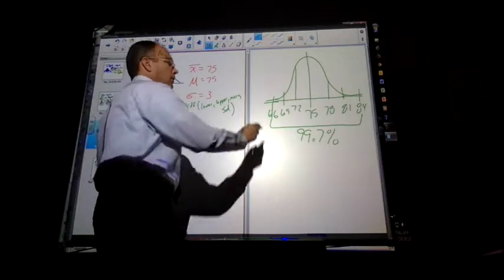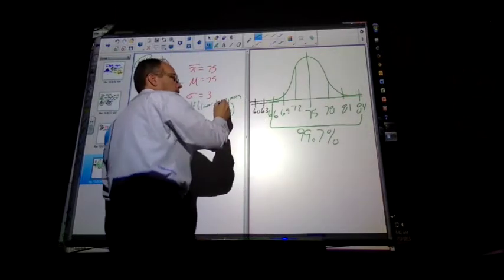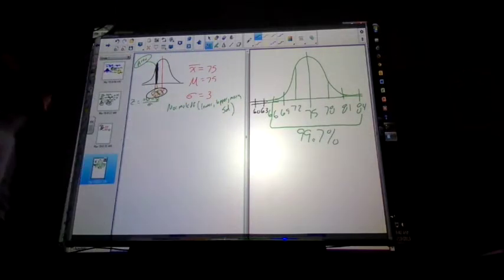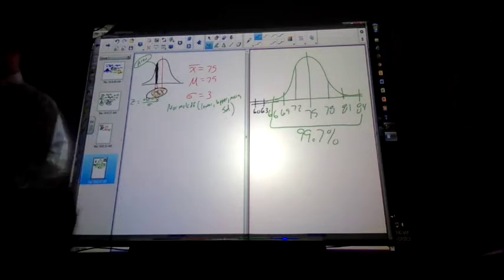So I'm going to keep this going. This is going to go 63, 60, 57. So we are like 5, 6, 7 standard deviations to the left of the average score as far as this test goes. So does that make sense to have such a tiny little area?